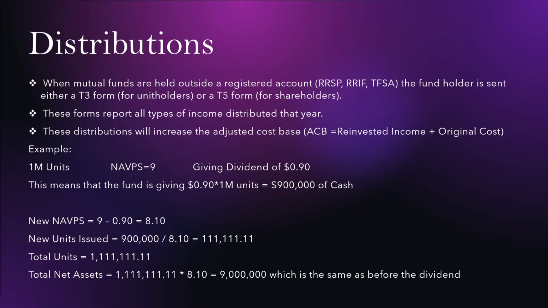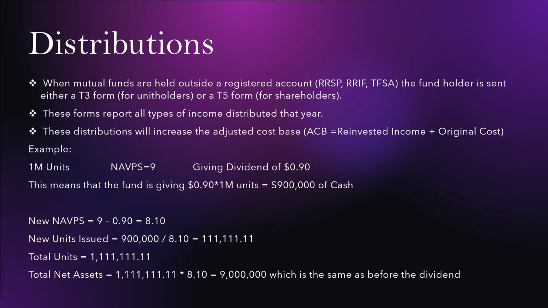This would mean the fund is giving out 0.9 times 1 million units, so $900,000 of cash. Now, a lot like stocks, when a dividend is given out, it decreases the price, and it's the same with mutual funds. So the new net asset value per share will be 9 minus 0.9, so the new net asset value per share is 8.10.